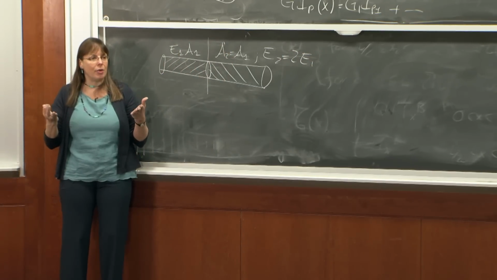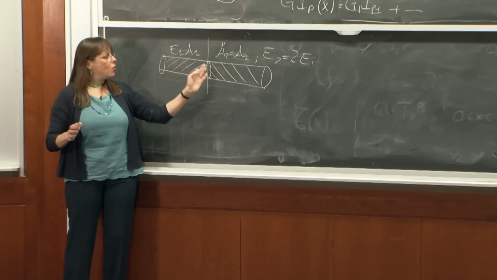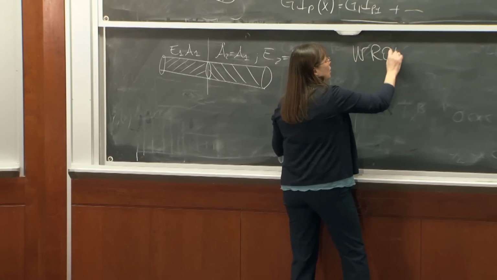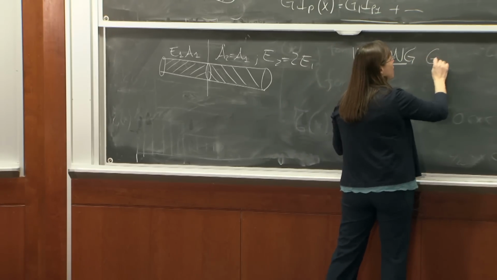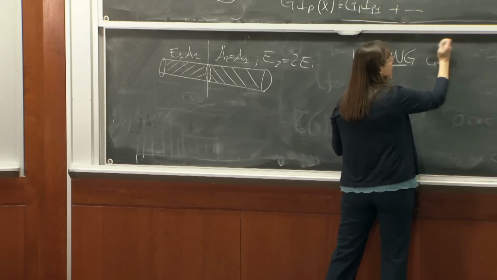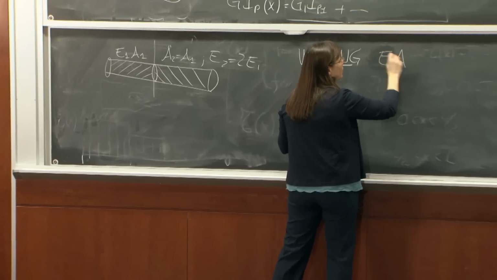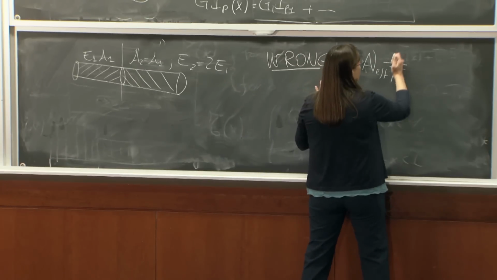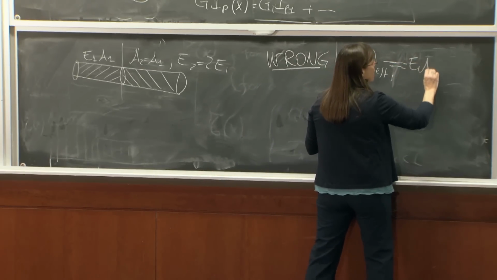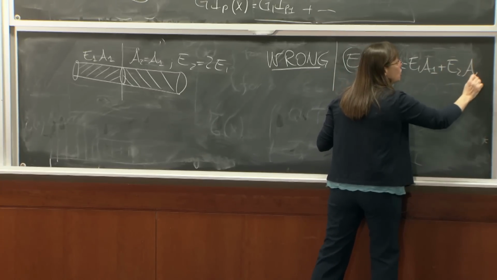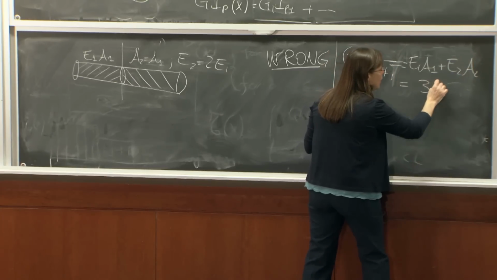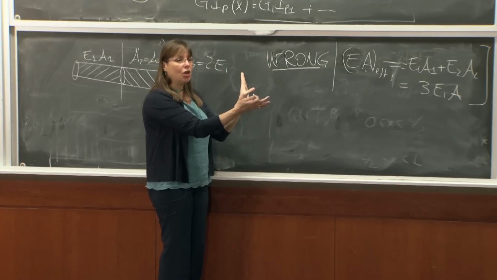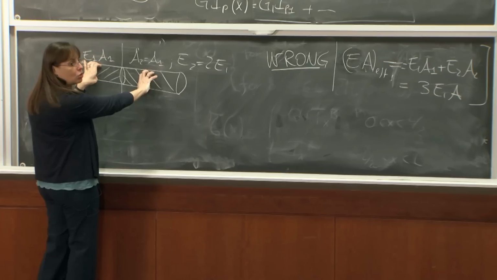The fact that in the problem there are characters called E1, A1, E2, A2, doesn't mean that EA effective or GIP effective, whatever you're doing for the problem, is the sum. So this statement that the EA is E1 A1 plus E2 A2, or as somebody calculated, 3 E1 A, is totally wrong because on no section do I have both this and this together.